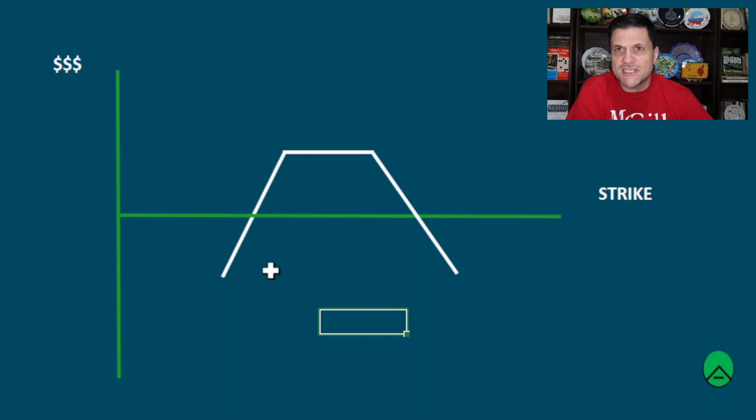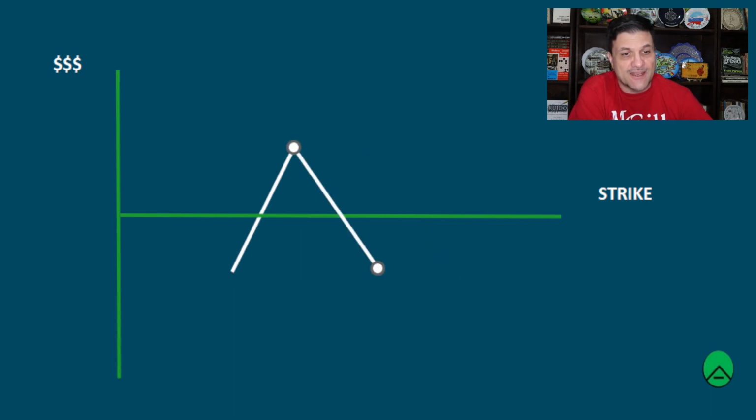Let's try to understand this option strategy here. It's very similar to the straddle. This one is called a strangle. Why? Because instead of having one same strike price, remember that little X that I put here? Look at the top of the triangle. That means I have the same strike price when I sold the put and the call.